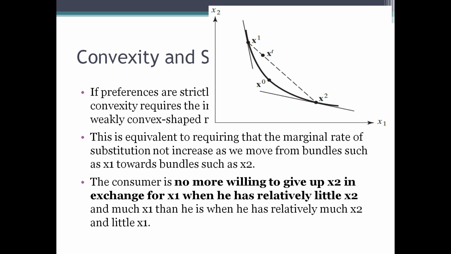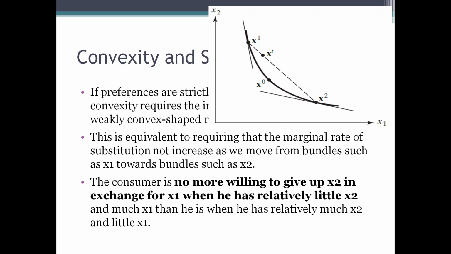So just put yourself on a point that is just before the consumption bundle x2 along the indifference curve. You will see yourself with a lot of quantities of x1 compared to very lower quantities of x2.